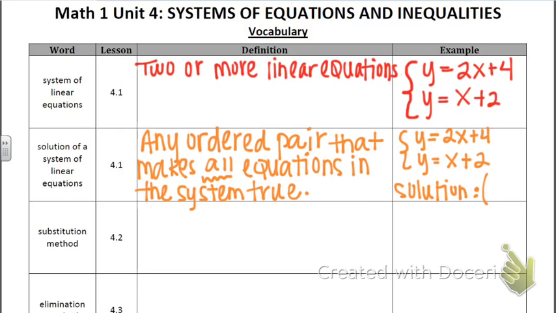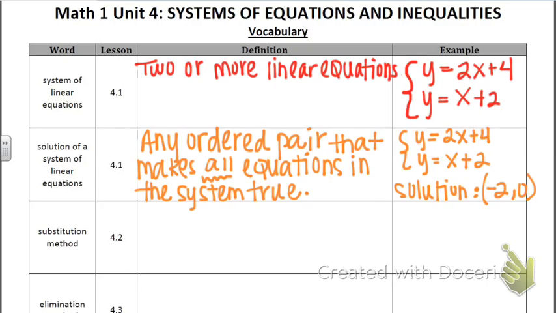But the solution is the point -2, 0. Okay? So if I were to take the point -2, 0 and plug it into the first equation, y equals 2x plus 4, I would get a true statement. And if I took -2, 0 and plugged it into the second equation, y equals x plus 2, I would also get a true statement. So I'm looking for a true statement for both.